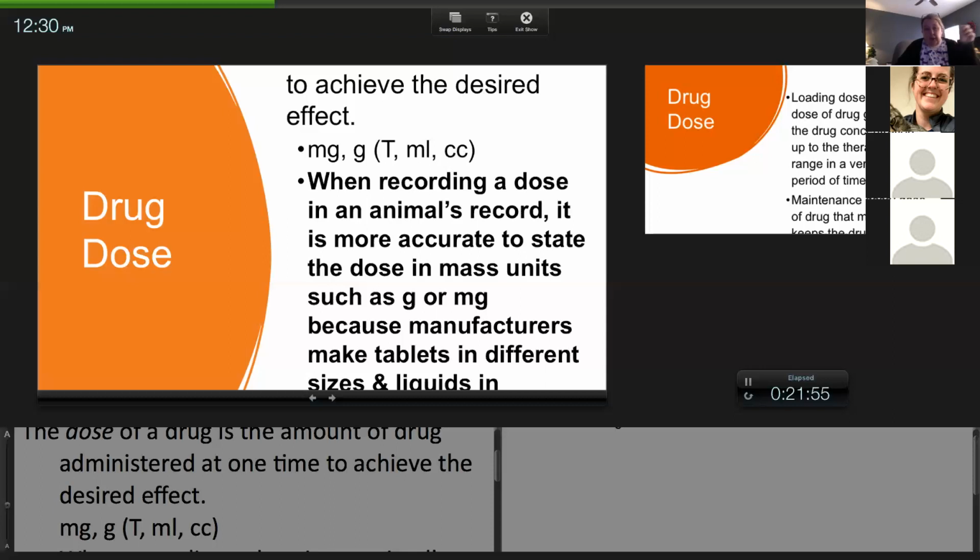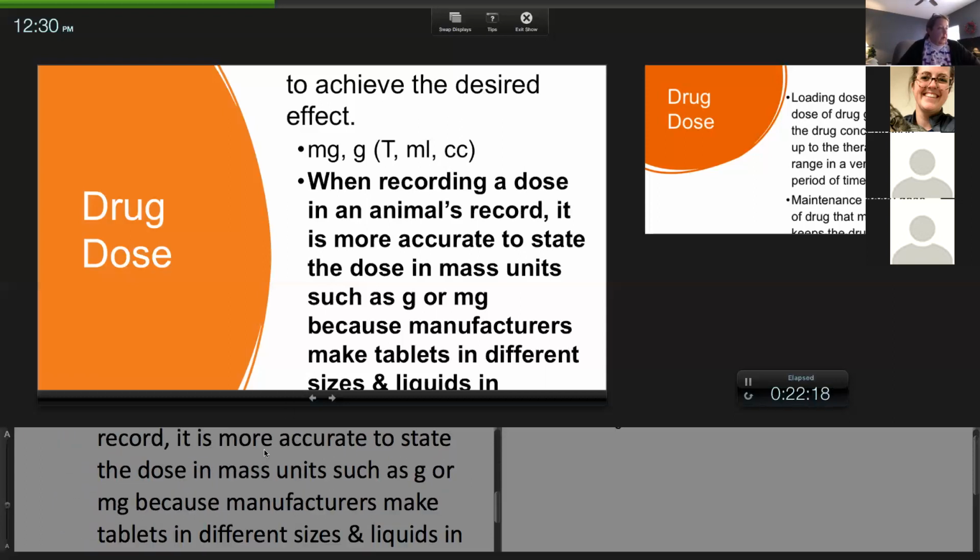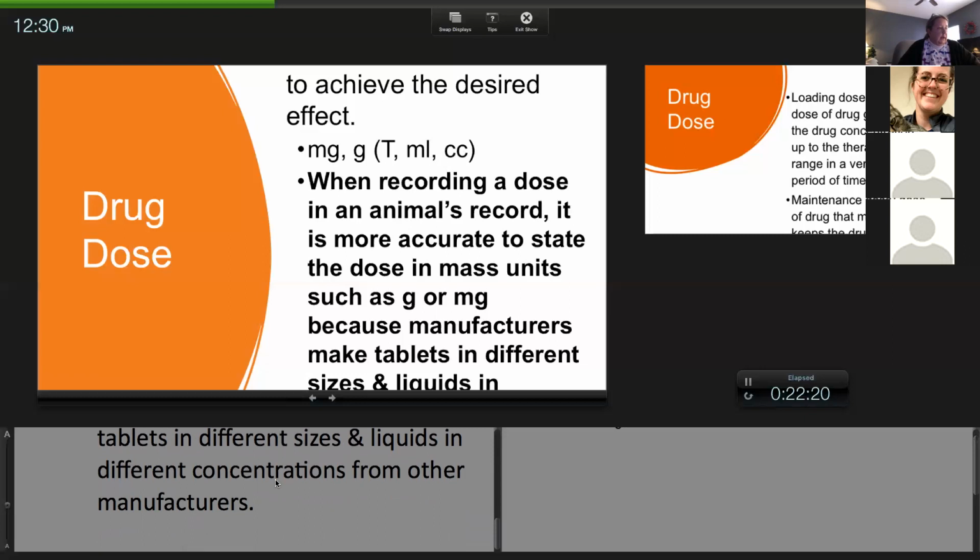So I know that AJ this morning received 250 milligrams. That's more accurate because you can have different formulations of one drug. Metronidazole at BCA, we've got liquid, we've got 250 milligrams, we have 500 milligrams. So how many milligrams is always going to be most accurate when you record it, and that has to be part of the record.